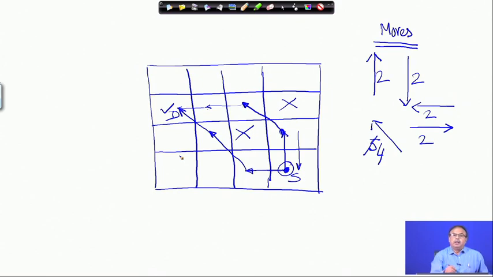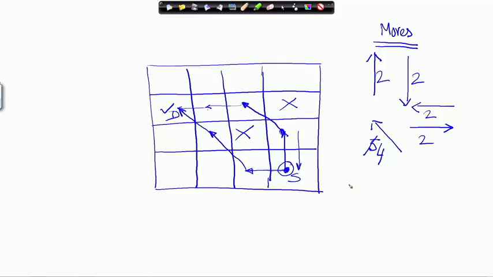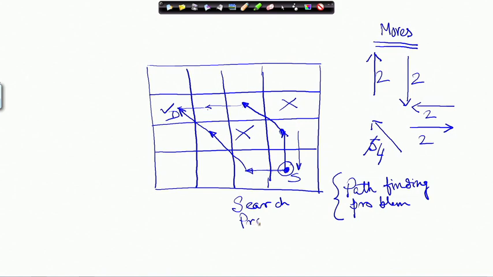So, this is another problem where again you can see that we are trying to look at the cost and solve a problem. You can think of this as a pathfinding problem, or a search problem. What are we searching here?